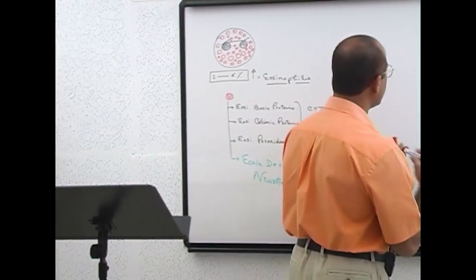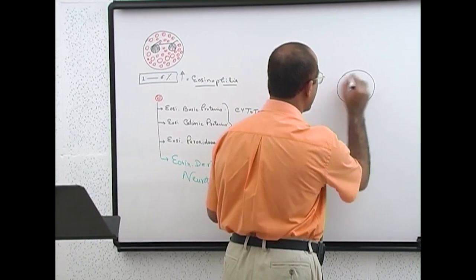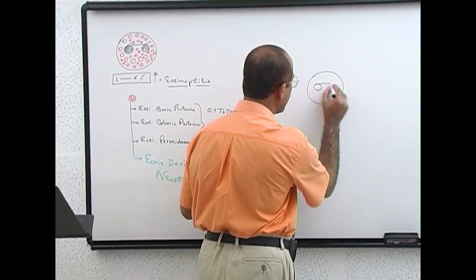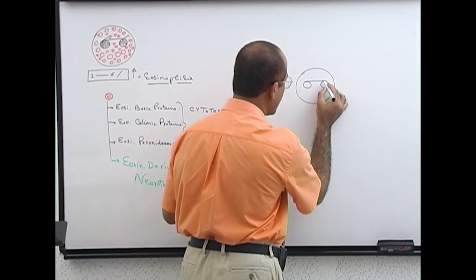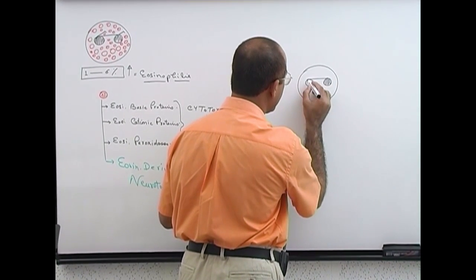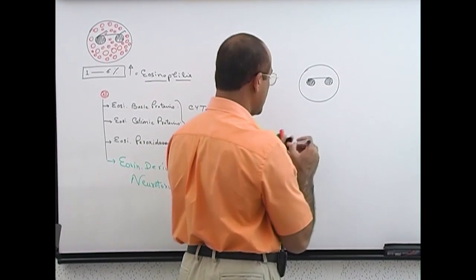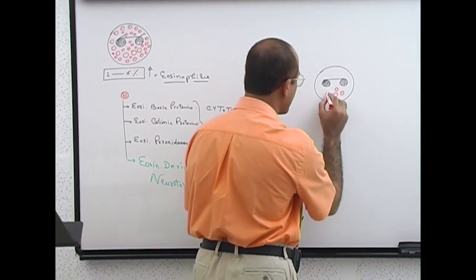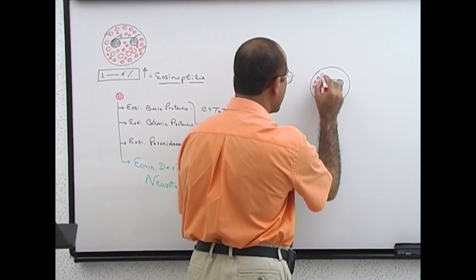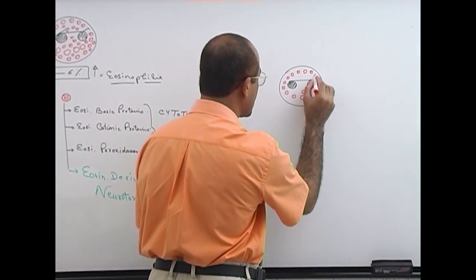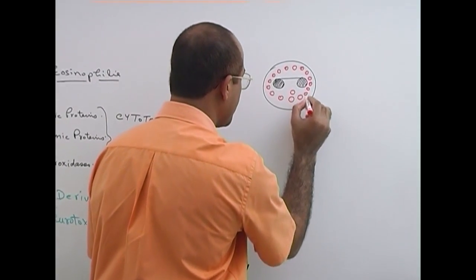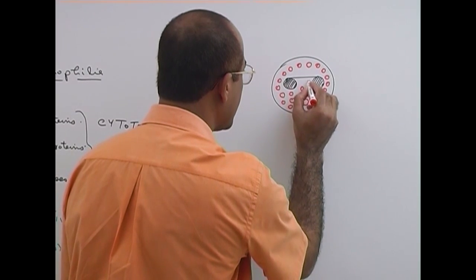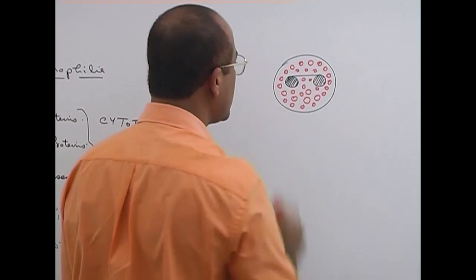Then something very interesting, that eosinophils have special type of two products. Okay, let me draw an eosinophil for you, right? What is the shape of the nucleus? Bilobed. Is that right? Number one. And what is the color taken by the granules? Red, right? Red color is given by which type of dye? Eosin, which is basically an acidic dye, right?